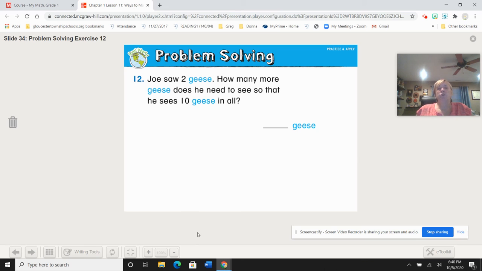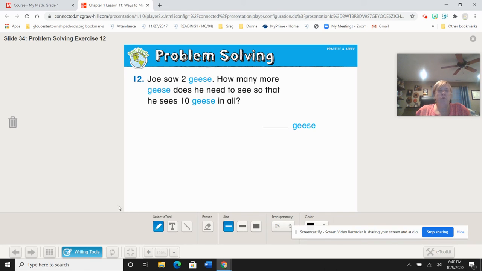Okay. Joe saw 10 geese. How many more geese does he need to see so that he sees 10 in all? Excuse me. So remember before when I said we could draw with the boys and the girls and the bicycle? Okay.